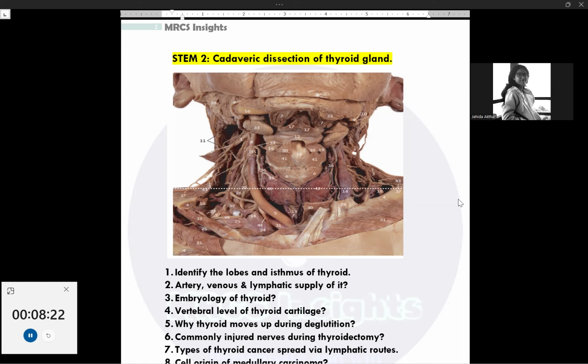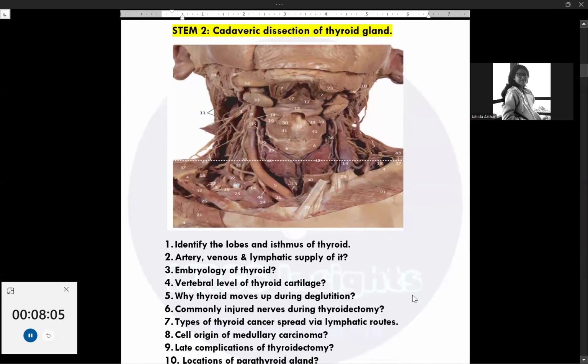If there is incomplete descent, it results in a lingual thyroid. If the duct persists, it results in a thyroglossal cyst. Okay, what is the vertebral level of the thyroid cartilage? The fourth cervical vertebra.